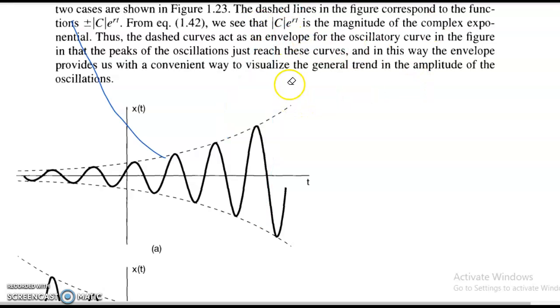That is, plus or minus mod c times e power rt.